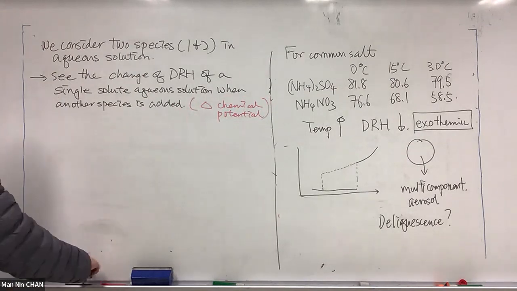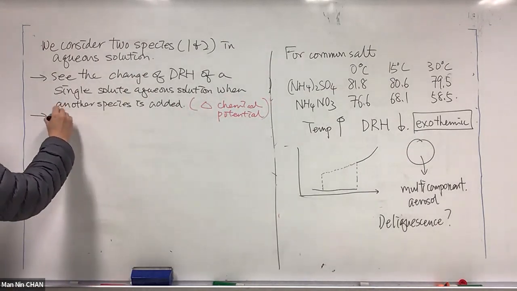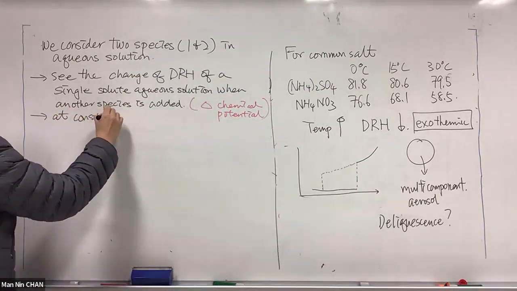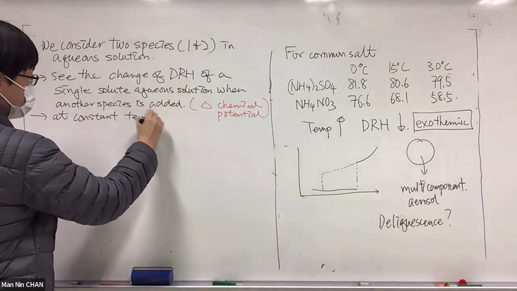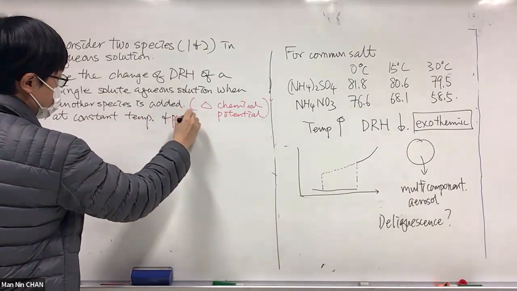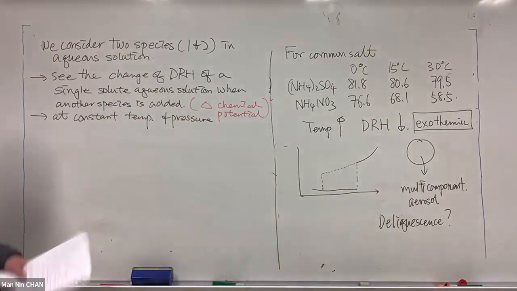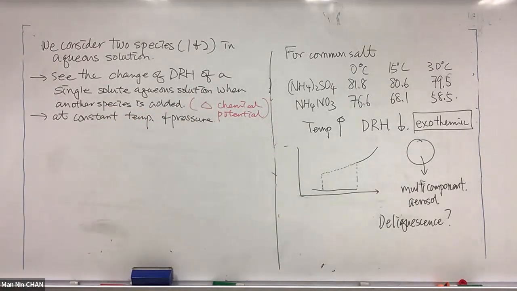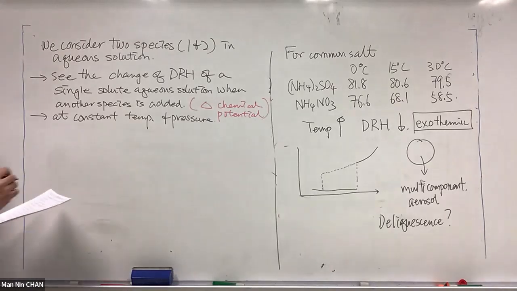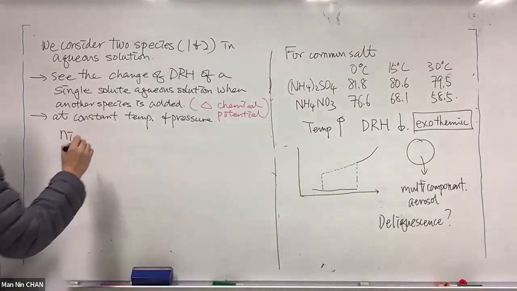Let's simplify our discussion and consider a constant temperature and pressure. In that case, when I add a species into my system, my chemical potential, or my Gibbs energy, will change. And then eventually, if I assume we can reach an equilibrium state, I can find out with this equation.